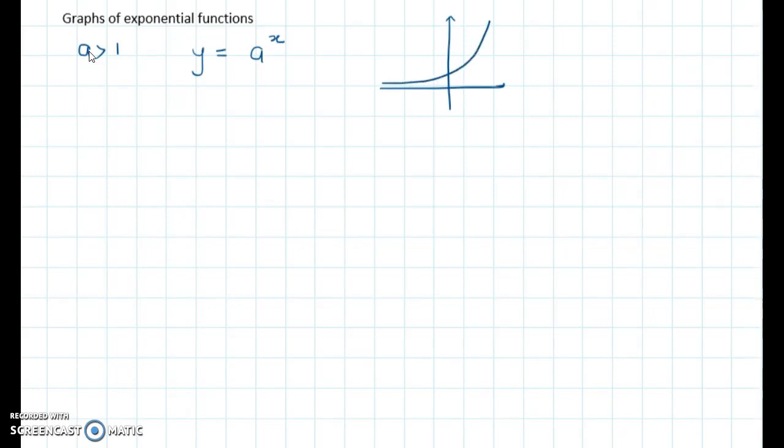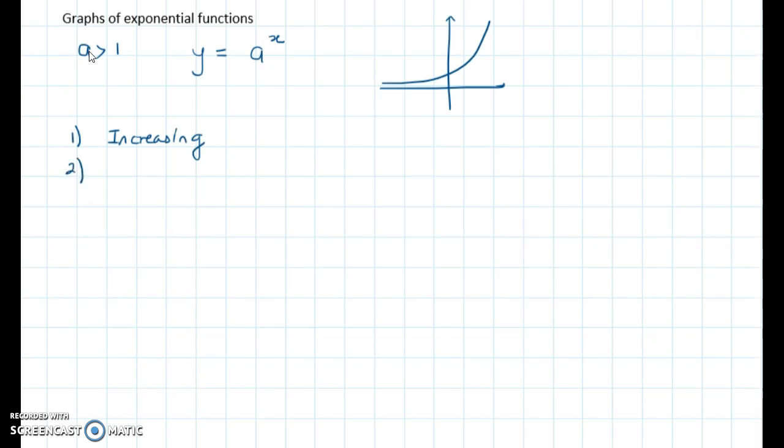So let's see some properties of these functions that are worth mentioning. First of all, these functions are getting bigger and bigger. As we consider larger values of x, the value of the function is also larger. So we say that these are increasing functions.